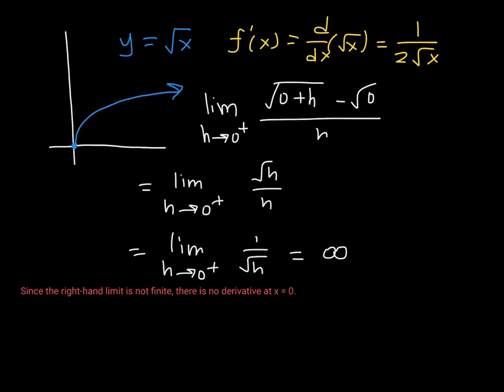Now, what I would like to do, my very best drawing for you, is what's happening to these secant lines as h approaches 0. So the secant line, watch this. Now let's see if I can do the best that I can. The secant line is here for this point here and the origin.